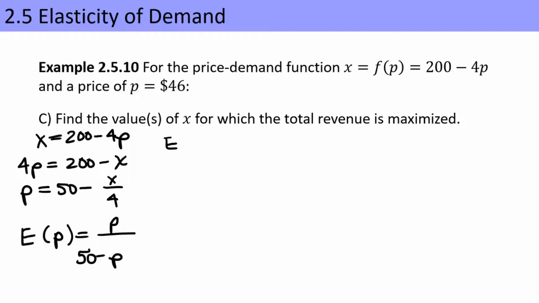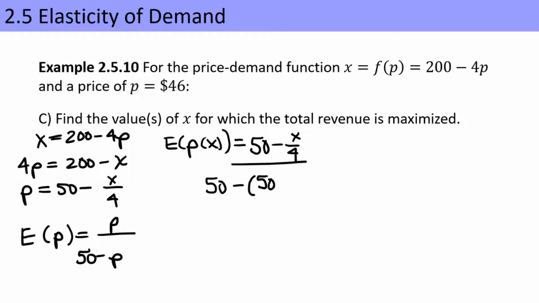So now we're going to have the elasticity of demand with respect to P of X, putting in 50 minus X over 4 every place there is a P. So the numerator becomes 50 minus X over 4, and the denominator becomes 50 minus, and for the P, we'll do 50 minus X over 4.